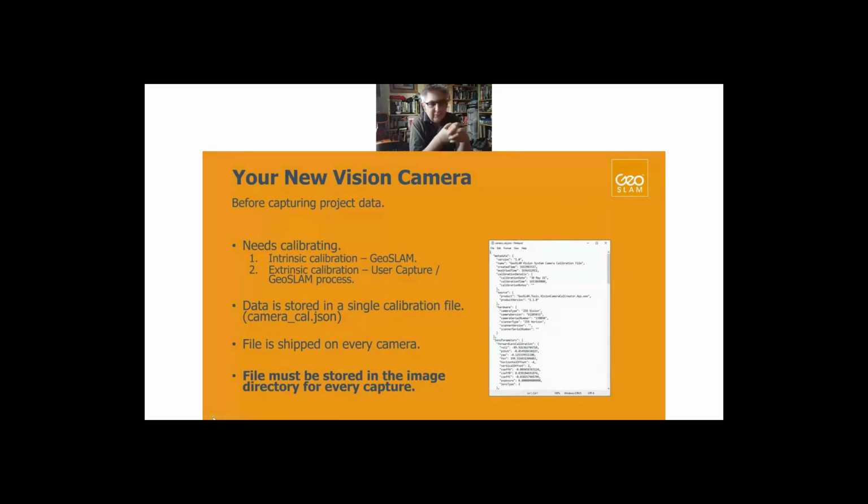Again, the parameters for that will be a simple XYZ offset for the lever arms, and then a roll pitch heading, or roll pitch yaw, between the two sensors. And again, they'll get stored in this camera cal file, and we'll send that back to you. And then from there, you can start taking project data, demo data, and everything should be good.